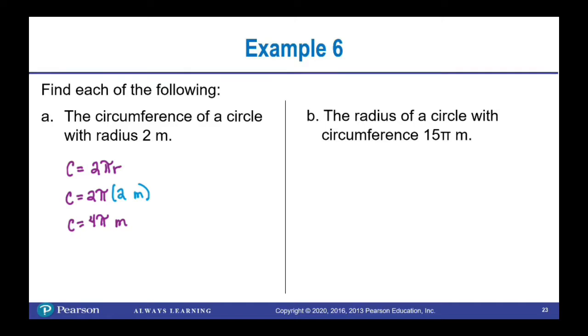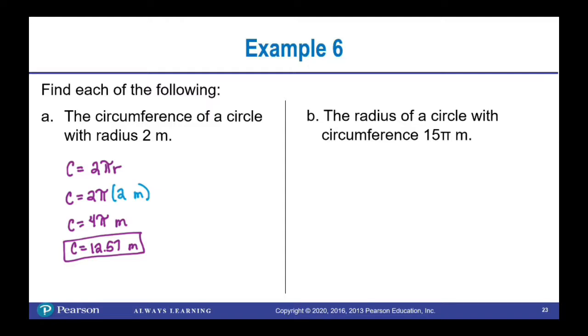Or you do have a pi button on the calculator. Type 4 times pi, or 4 times 3.14, and you end up with 12.57 meters. Whether you use the pi button on the calculator or 3.14, you get approximately the same answer, but the decimal places may be slightly different with each one.